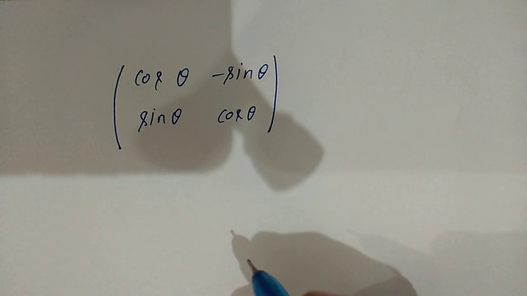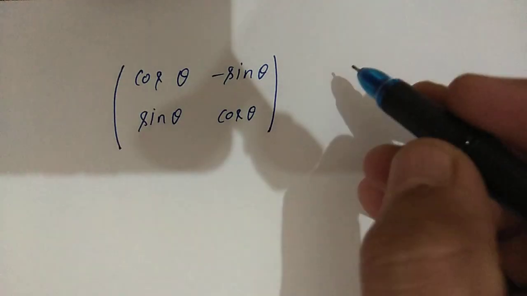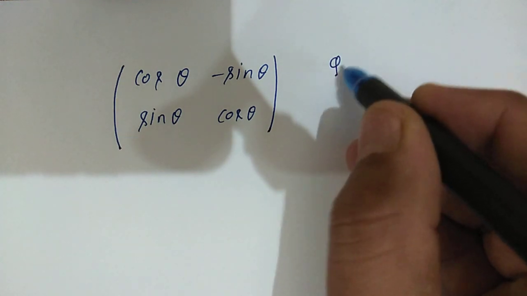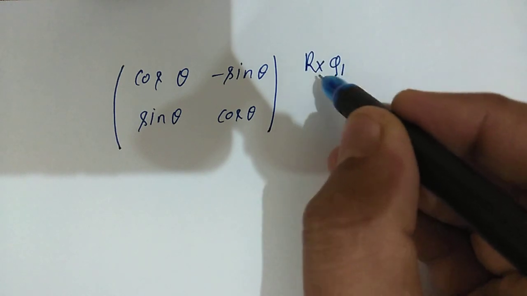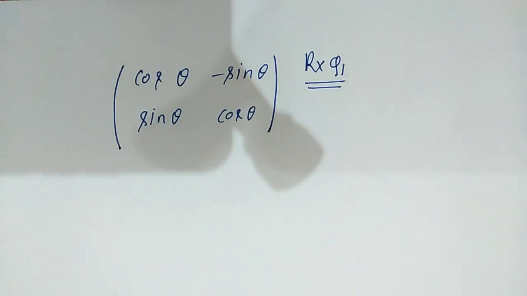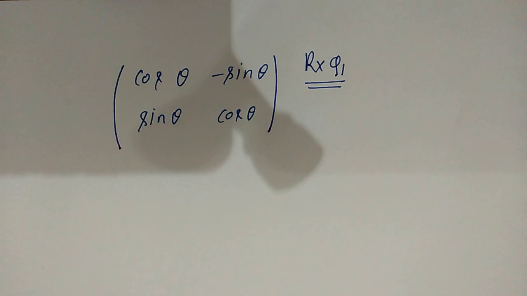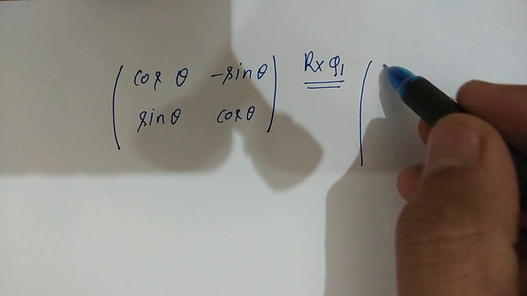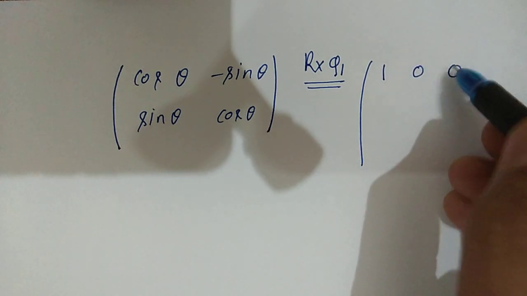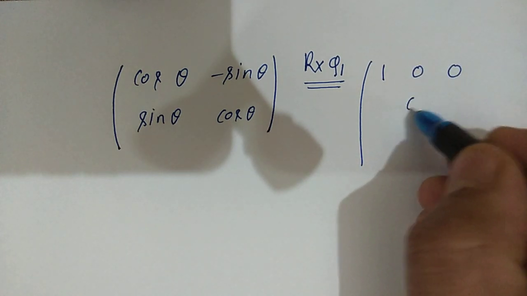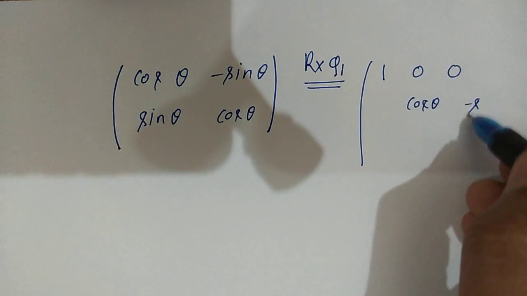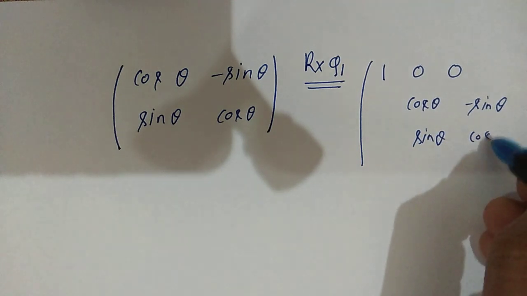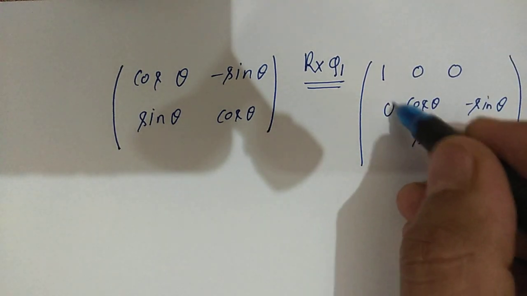And if we have rotation of space along the x-axis about phi 1, so rotation along x-axis phi 1, we can have the matrix 1 0 0, and here we can have cos theta, minus sin theta, and sin theta, cos theta, 0 0.